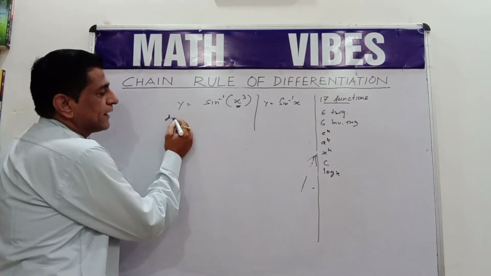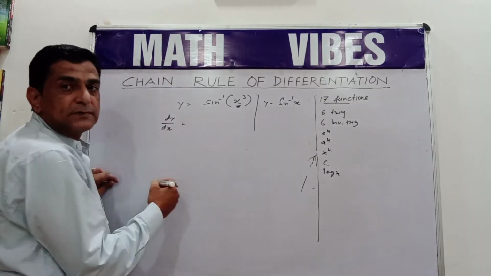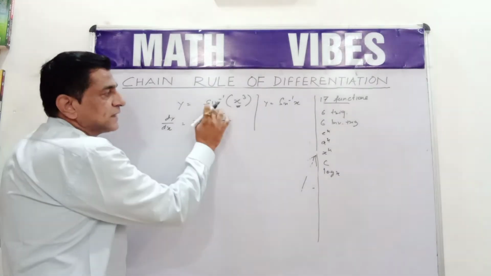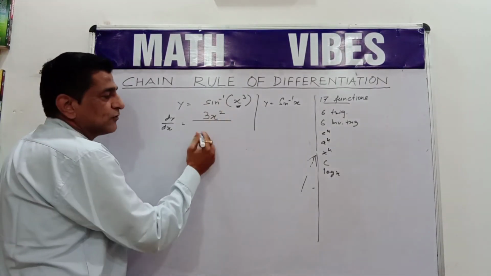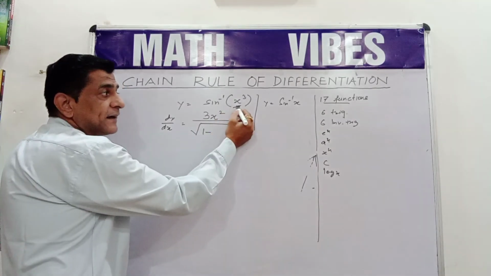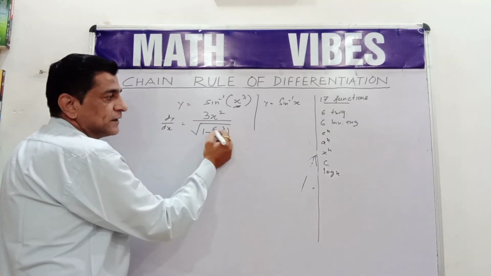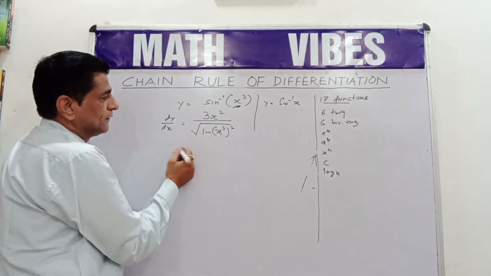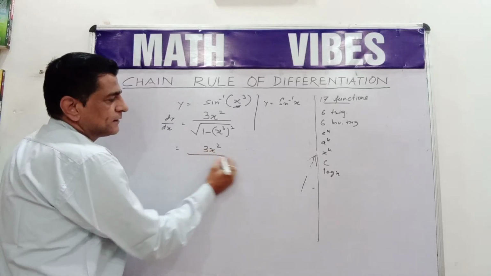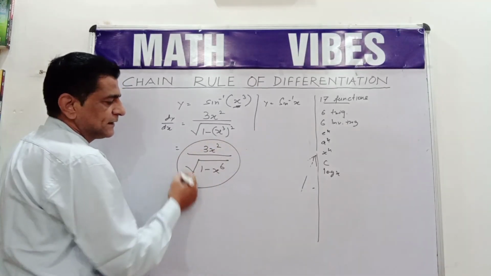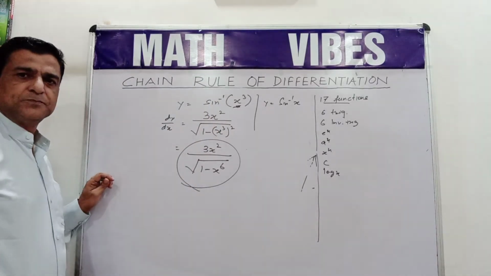We will first find the derivative of x cube, that is 3x square. Now the derivative of sin inverse x is 1 by under root 1 minus x square. And what is our x? It is x cube. So this will become 1 minus (x cube) the square. So we get 3x square by under root 1 minus x to the power 6. This is the derivative of sin inverse x cube.